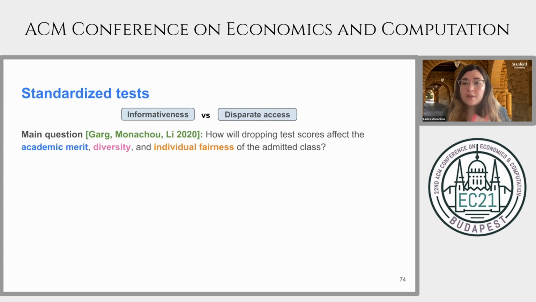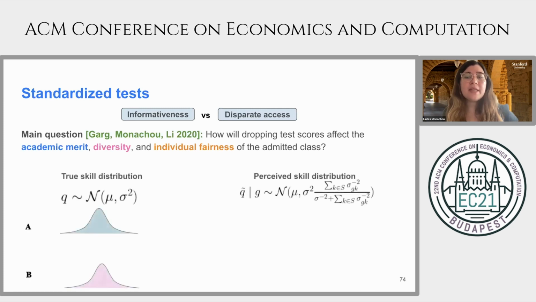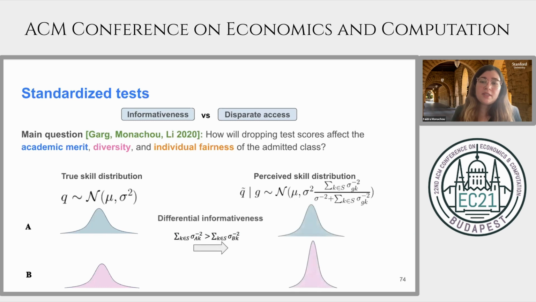And here's what happens when the school uses this perceived skill distribution to make admissions decisions. So even though we started from identical true skill distribution, so both groups are equally skilled, and the school is Bayesian, our assumption here on the informativeness difference between the two groups leads to a lower variance in the aggregate perceived skill level distribution for group B. And specifically, the higher uncertainty we had in the features of group B students leads to more conservative estimates for their skill at an aggregate level.